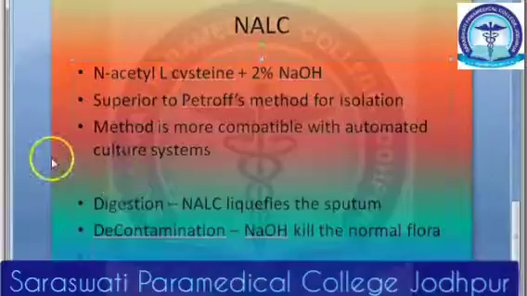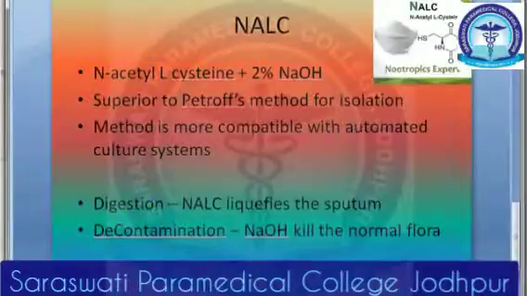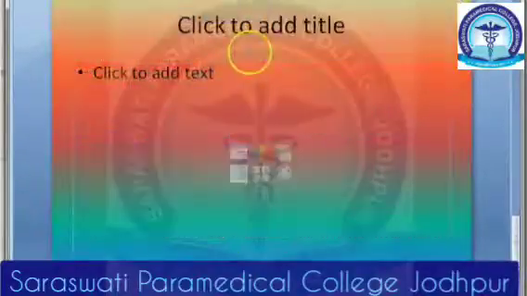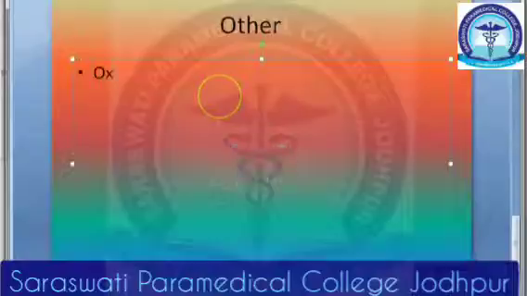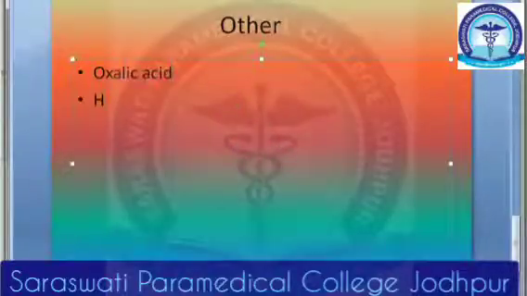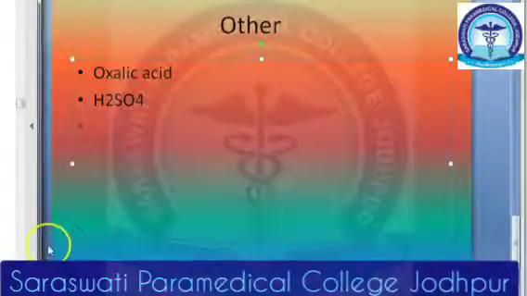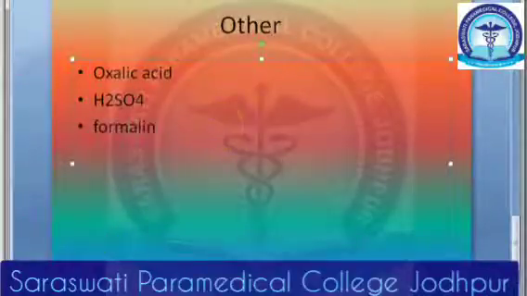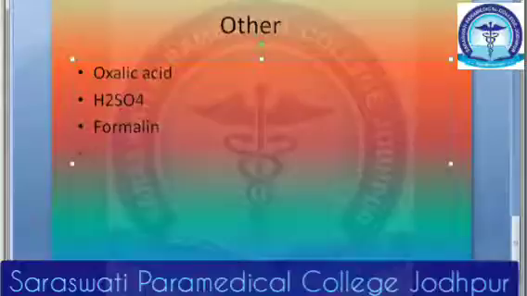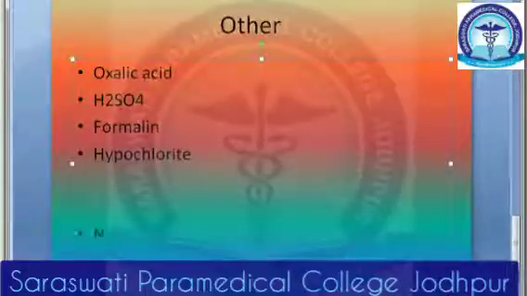This much. So two methods they have told. Some other methods they have spoken of actually, where they are using oxalic acid, H2SO4, hypochlorite, formalin, but these are not used much, okay?